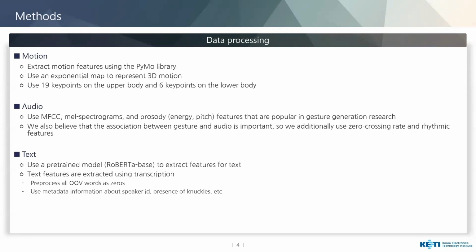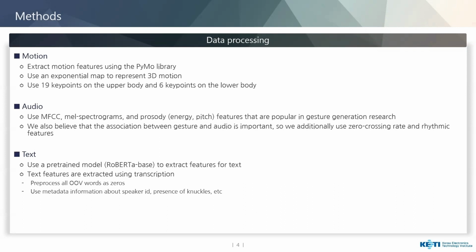First, let's talk about data processing. The data we used to train our model was a combination of motion, audio, and text data. For motion, we used the PyMo library to extract motion feature information and an exponential map to represent 3D motion.